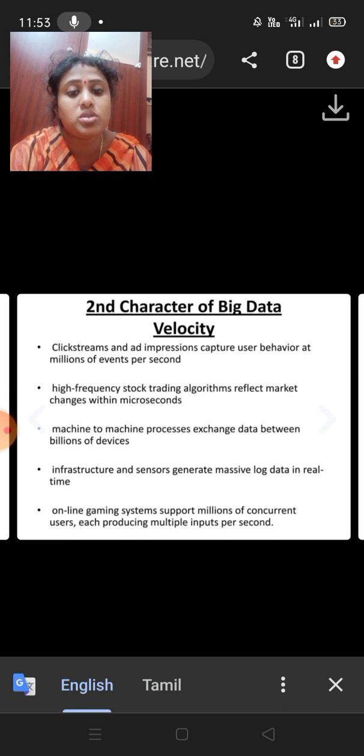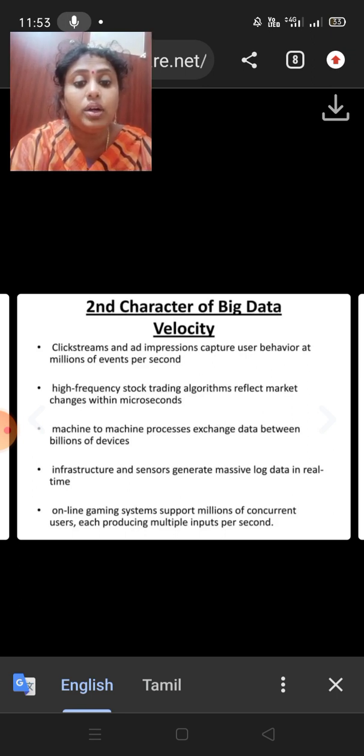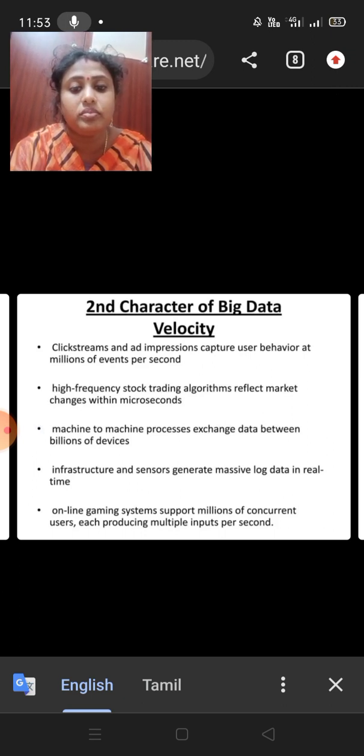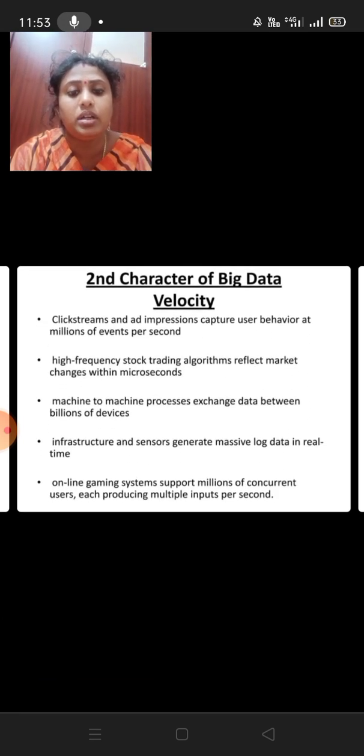Machine to machine processes exchange data between billions of devices, and infrastructures and sensors generate massive log data in real time. Online gaming systems support a billion concurrent users, each producing multiple inputs per second. This is the velocity.